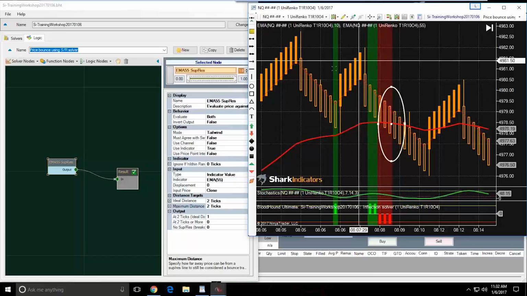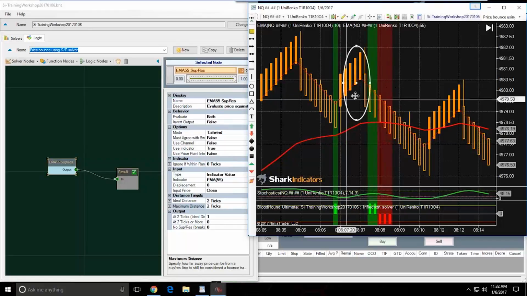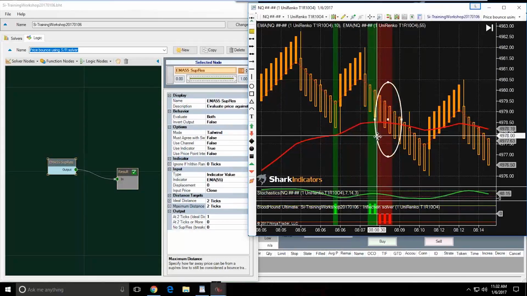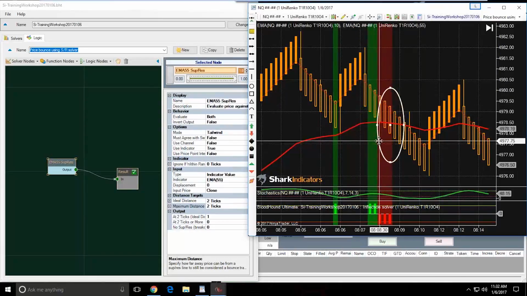So even though over here price is above our moving average and it's coming down, if you're looking for price to bounce off of a support or resistance line, sometimes price will break through that by a couple of ticks.